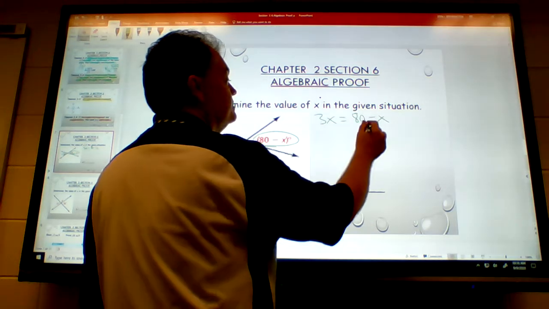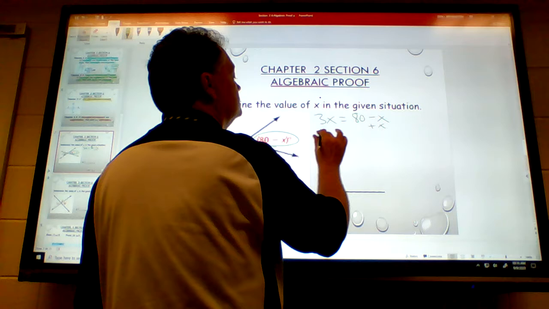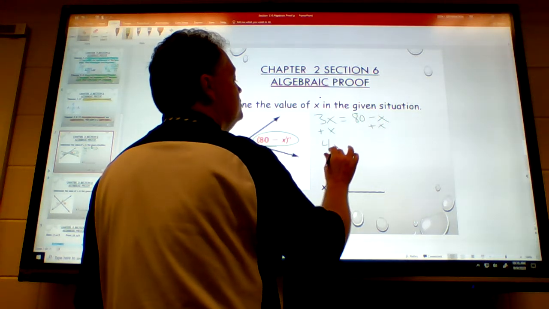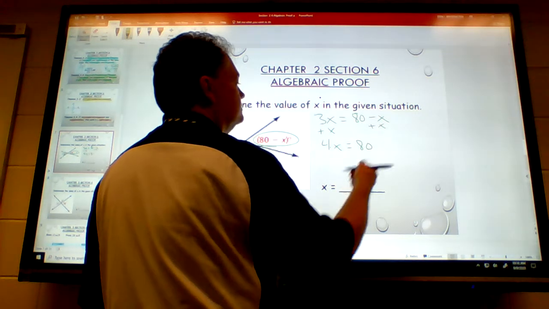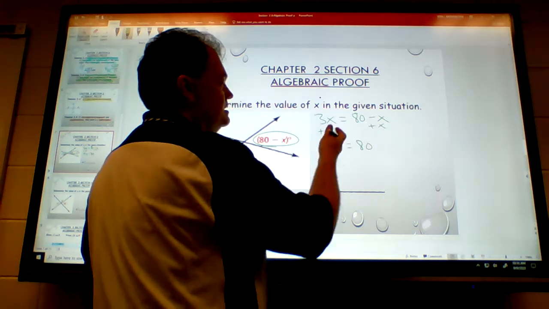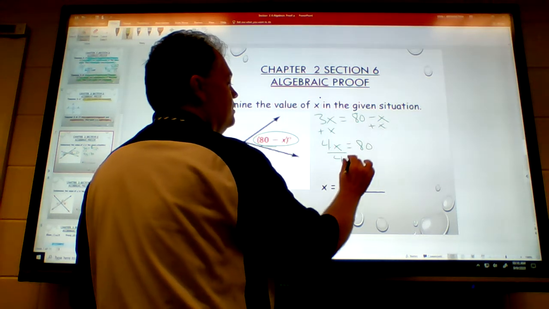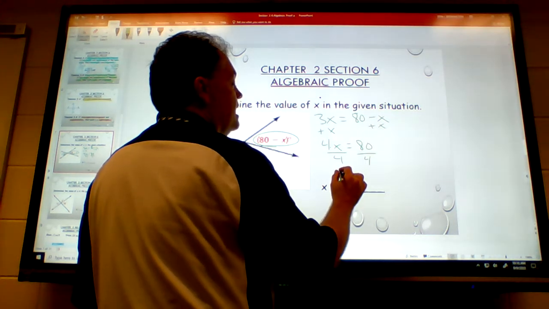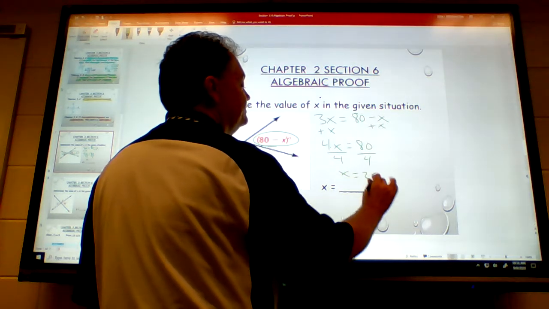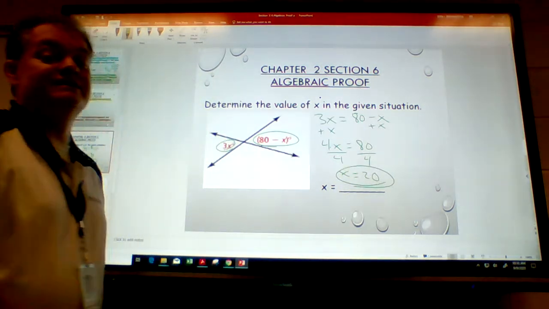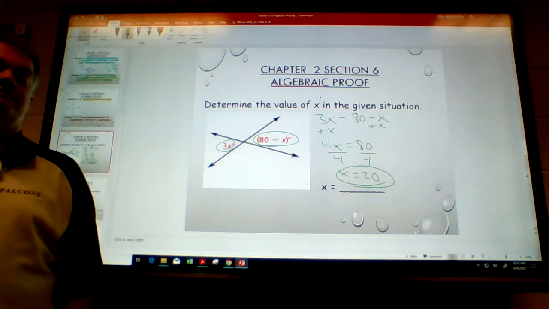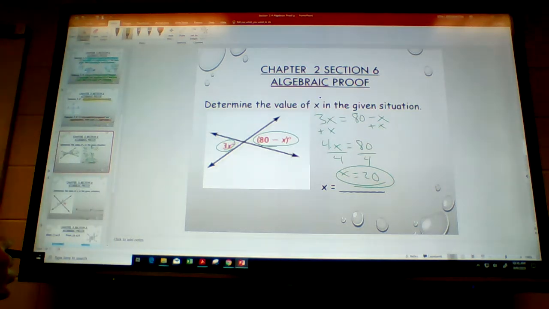We're solving for x, so we add x. So that's 4x equals 80. Addition property of equality, simplify, divide by 4. Division property of equality, and there, x equals 20. You don't need to worry about all those reasons. I'm just reminding you of what they are. So this is the kind of stuff you'll be doing in this lesson.